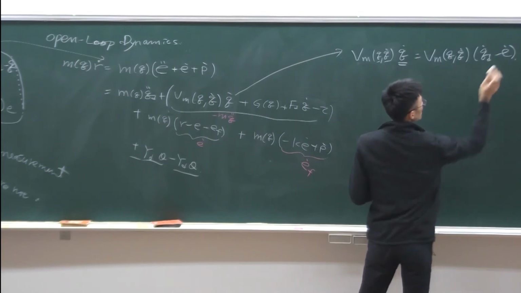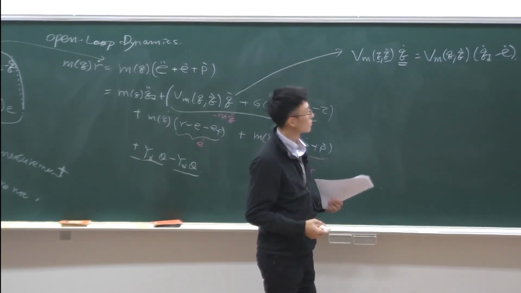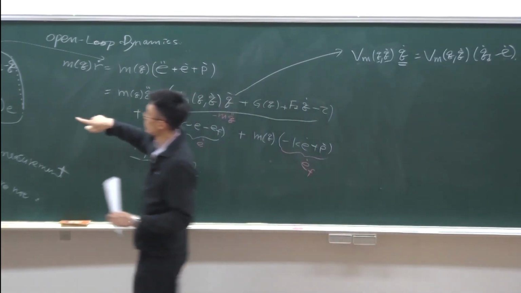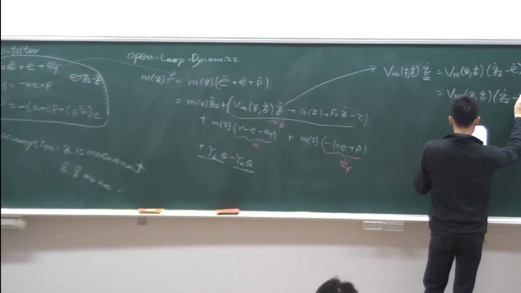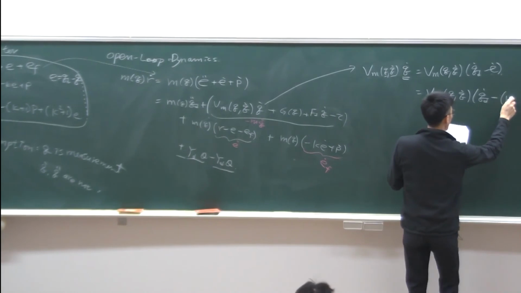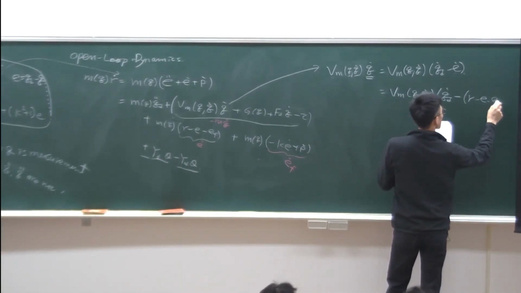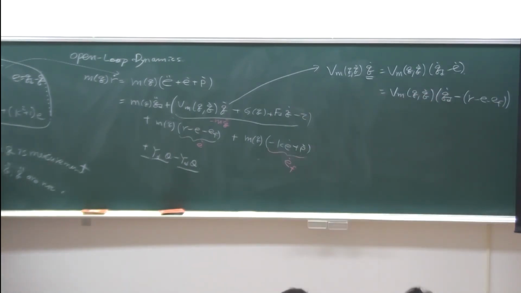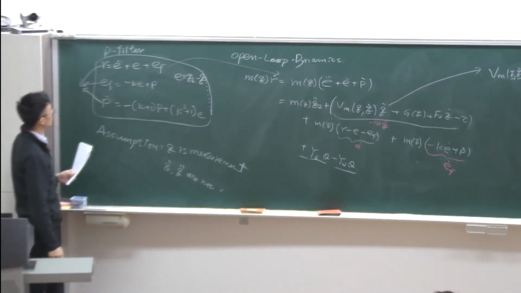And because E dot still contains the non-measurable term Q dot, we replace E dot by R minus E and EF, because all of R, EF, P are measurable.